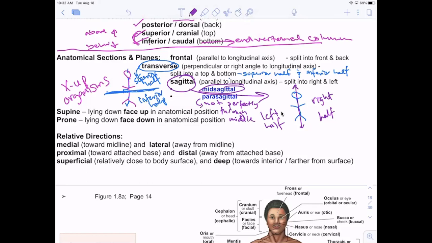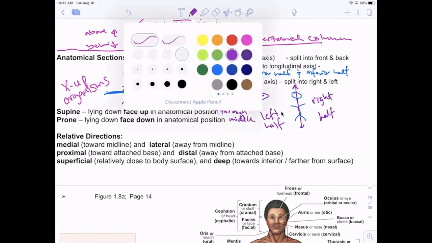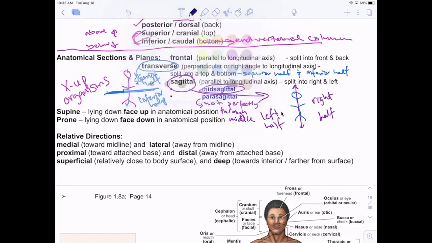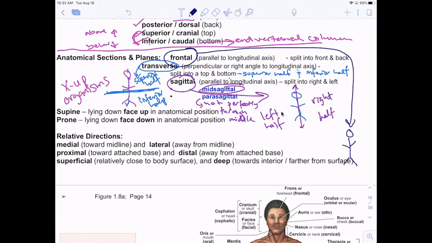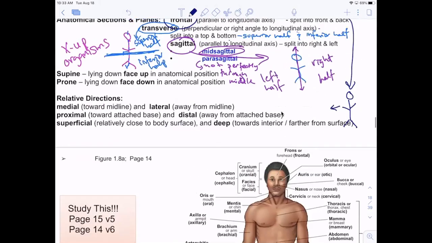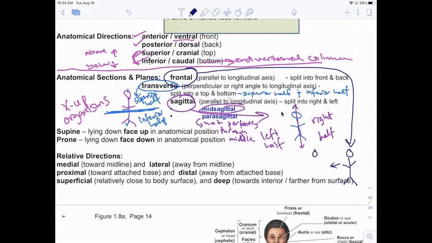Now, a frontal plane is going to be, so let's do frontal, and I'm going to make my little person here. So here's my person, and a frontal plane is going to split it into a front and a back. So what I'm going to do is take that stick figure and make the stick figure from the side, right? So here's the side view.